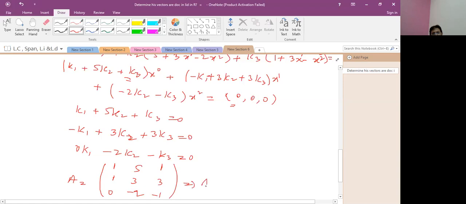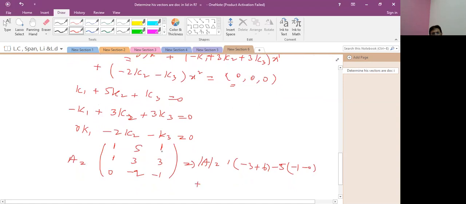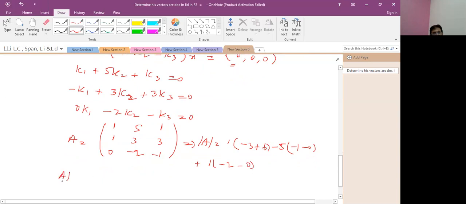So if we find the determinant value of A, 1 into, student, minus 3 plus 6 minus 5, skip this column, multiplying by minus 1 multiplying by 3 into 0, it is 0, plus sign. When we skip this column, minus 2 multiplied by 3 into 0, it is 0. So we find the answer. Determinant value of this 6 minus 3, it is 3.